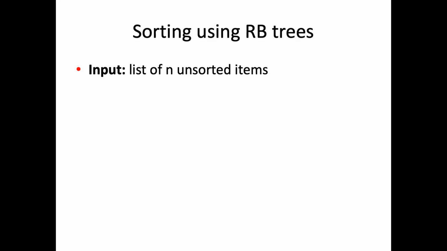You can either insert into it, delete from it, or search for something. And think of these n items given to you in an array, let's say. Okay. Now the question is, how do I do this sorting with the help of a red black tree? I don't want to use anything else.